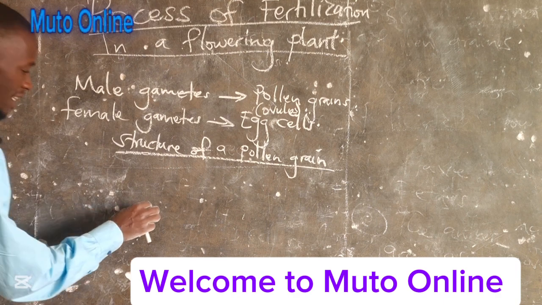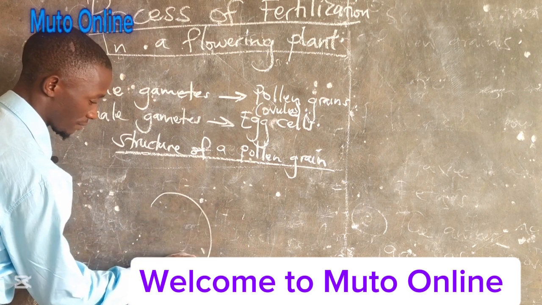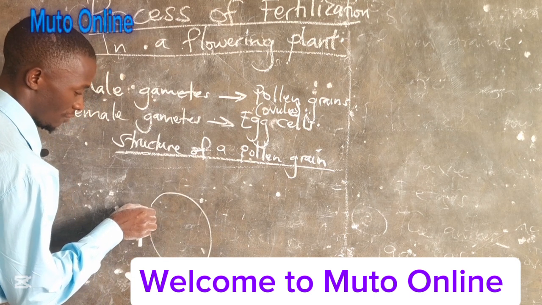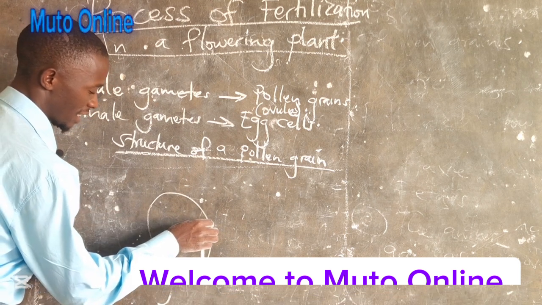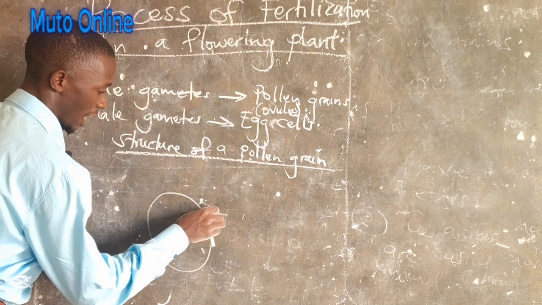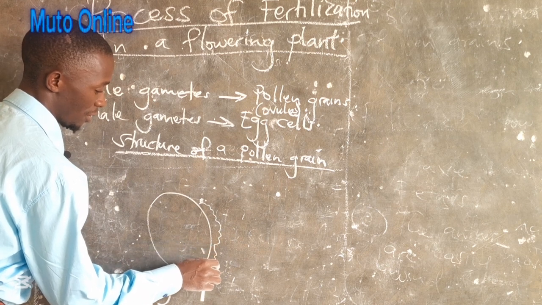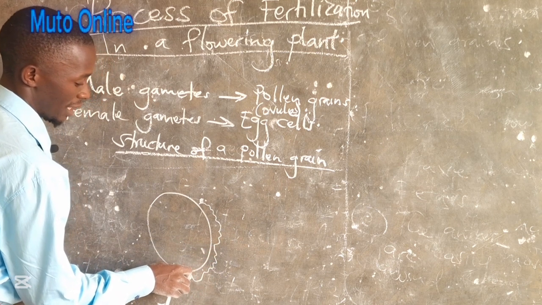A pollen grain has a smooth inner membrane, very smooth and thin, and this inner membrane is surrounded by a sculptured rough membrane outside, which we call the exine.